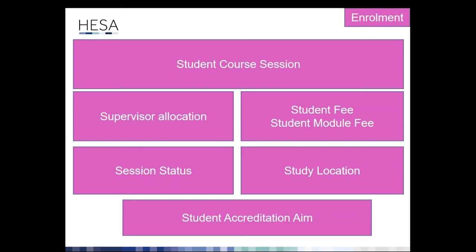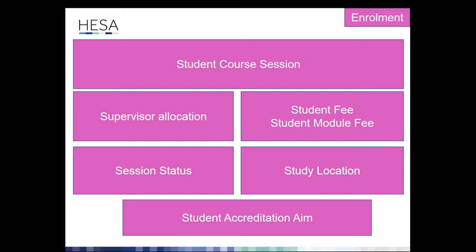However, after a year or so within their course, the students must specialise. So they might be accredited by the Nursing and Midwifery Council for adult nursing or mental health nursing. That's when that would be recorded in the student accreditation aim. That allows you to confirm that students have specialised and what they've specialised to without forcing you to transfer them between different courses. So that can be recorded for those students rather than at course level.